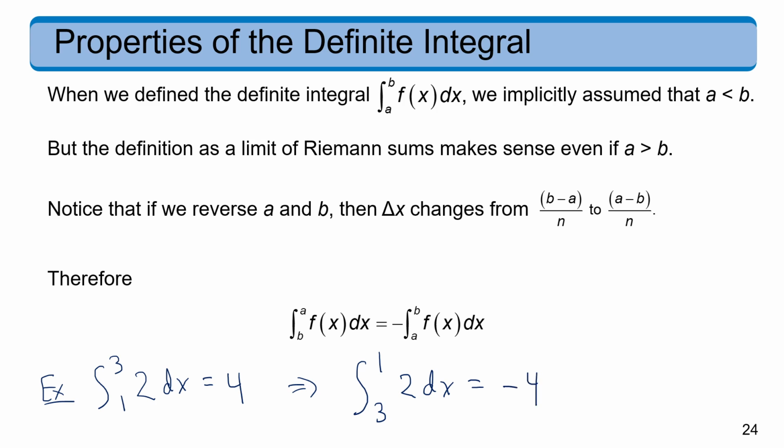And you could go through the whole limit definition of this integral and calculate it the long way like we did for this one. And if you did all that work, you would get negative 4. But if you've already done this one, no need to redo it. You just know you're going to get the same number but the opposite sign.